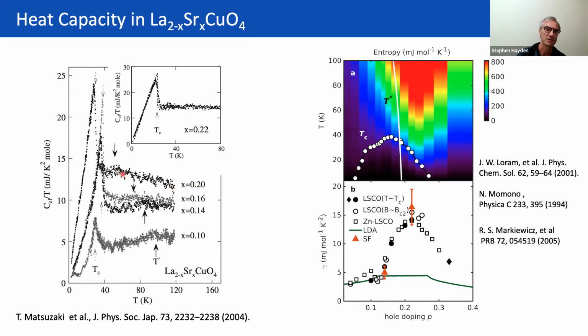So in this particular plot, you have the 0.2 and the 0.22. Here they have the largest value of the specific heat.